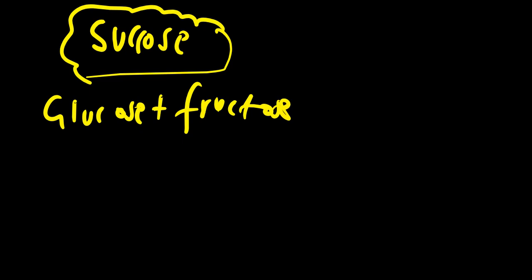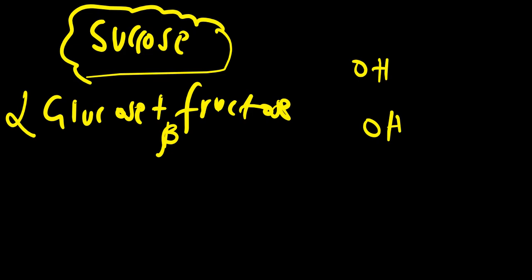Now in this case we're talking about alpha glucose and beta fructose, and you know alpha and beta is just the position of the hydroxyl in terms of the ring form of a compound, whether it's above the ring or below the ring.